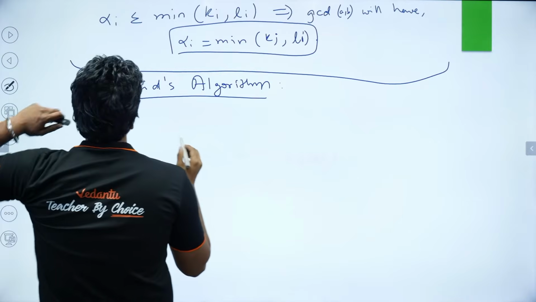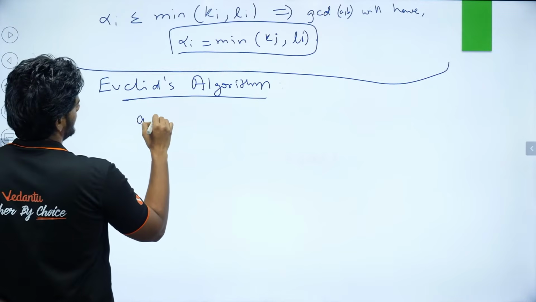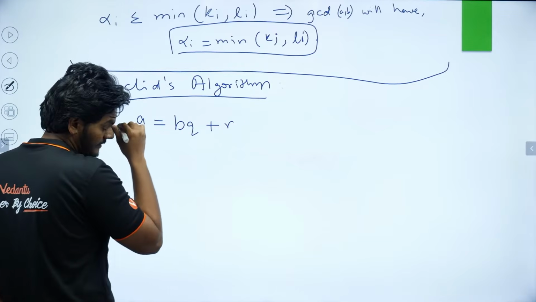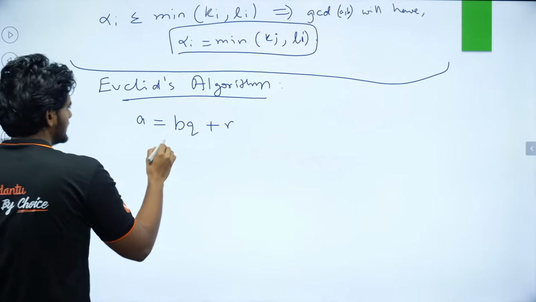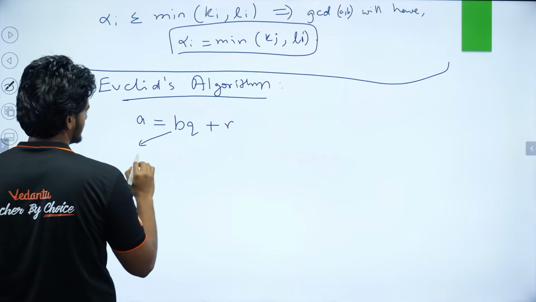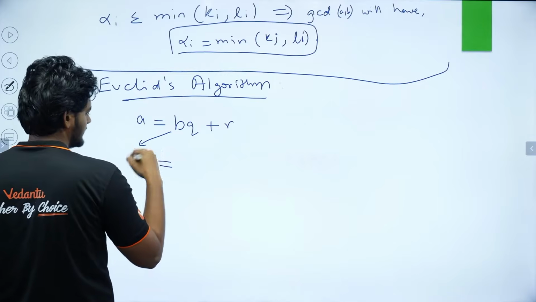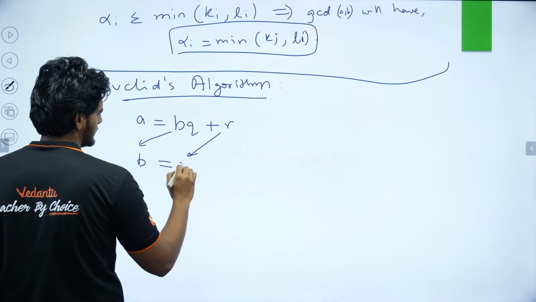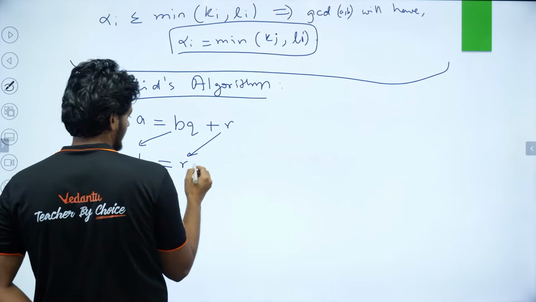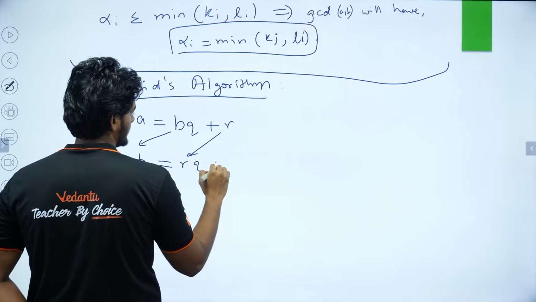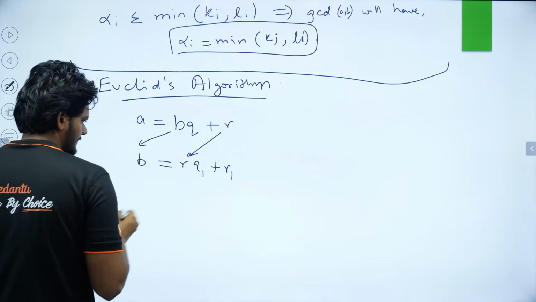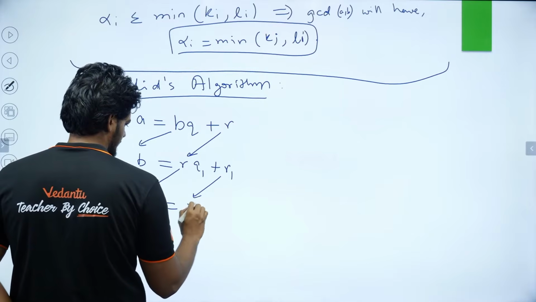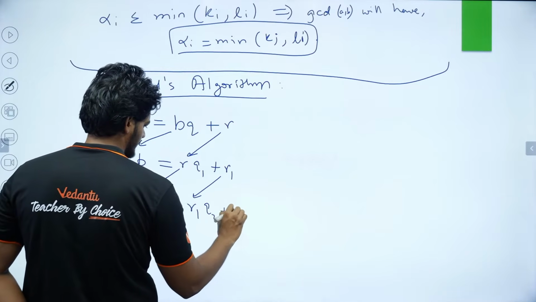Euclid's algorithm says that A is equal to BQ plus R. Now, what Euclid did is he took B as the divisor, and R as the other thing, and then you will get some Q1 plus R1, and then he will take R1 as the divisor and get Q2 plus R2.